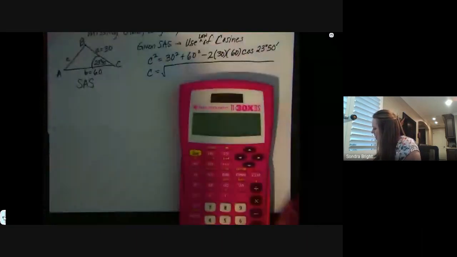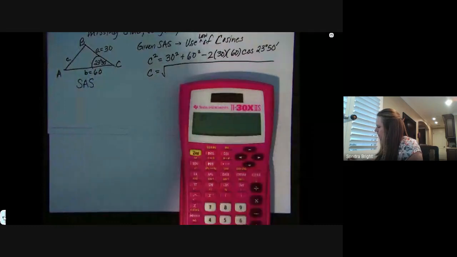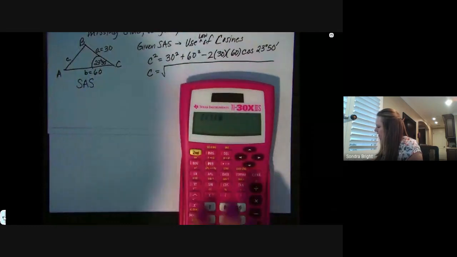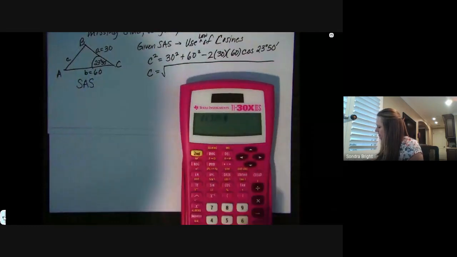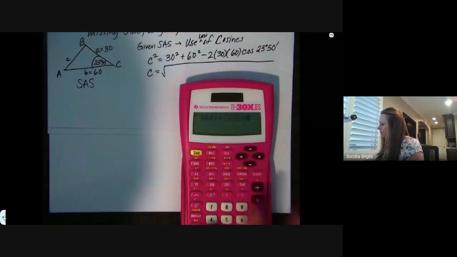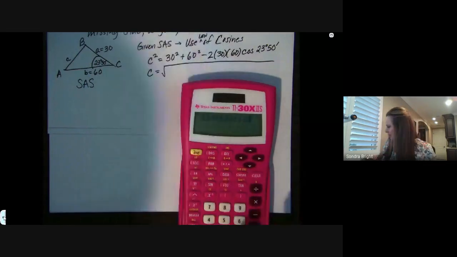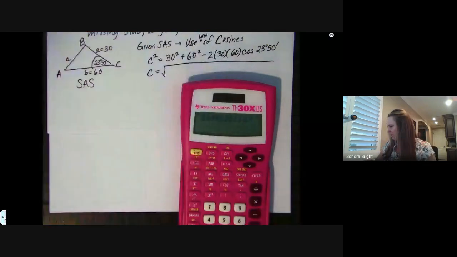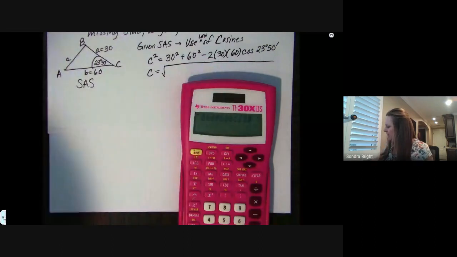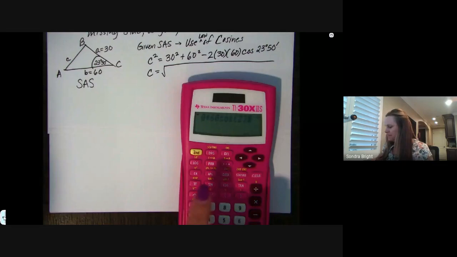All right. So I got square root of 30 squared plus 60 squared minus 2 times 30 times 60 times the cosine of 23. And then I've shown you this before, but I know some of you in office hours are like, what was that again? So here we go. To do the degrees and minutes, you're going to hit this button right there, degrees, minutes, seconds.